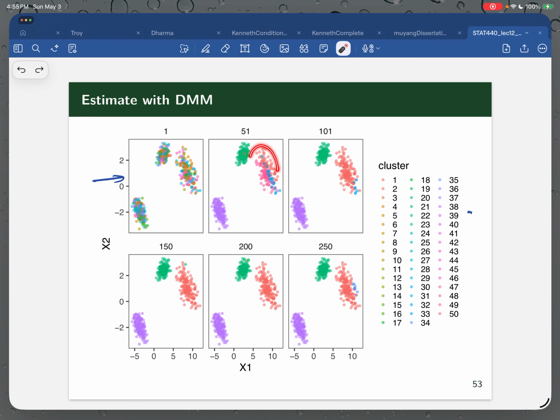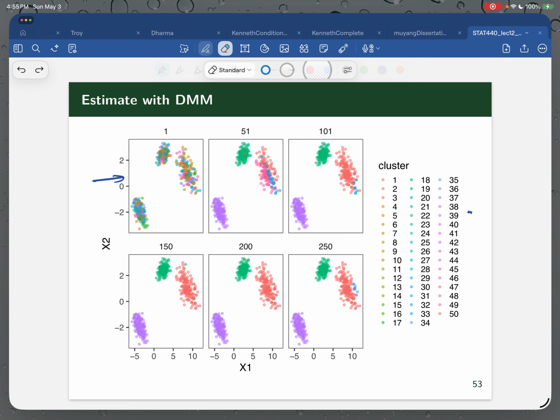We've got a pink cluster somewhere down here. We've got a blue cluster. You see that blue cluster is kind of overlaying that pink cluster, but what could be happening at this step in the MCMC is that right now the model thinks there are two different clusters there.